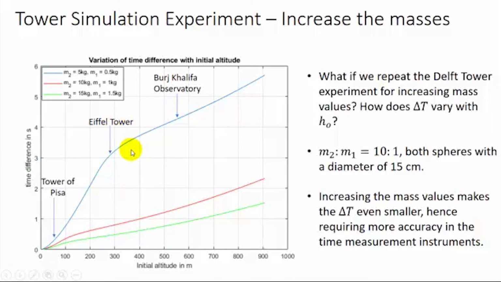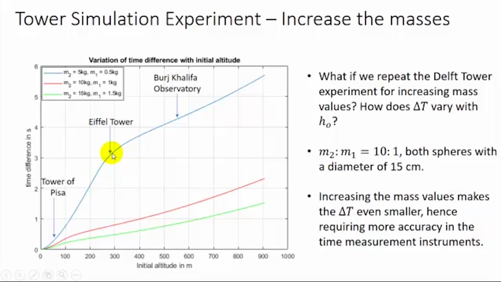So it's obvious to see that for our three hypothetical experiments from the Tower of Pisa, from the Eiffel Tower, and the Burj Khalifa Observatory, using increasing masses would have made the effect of the aerodynamic resistance less noticeable, and therefore the difference in time of arrival of the two masses would have reduced considerably.